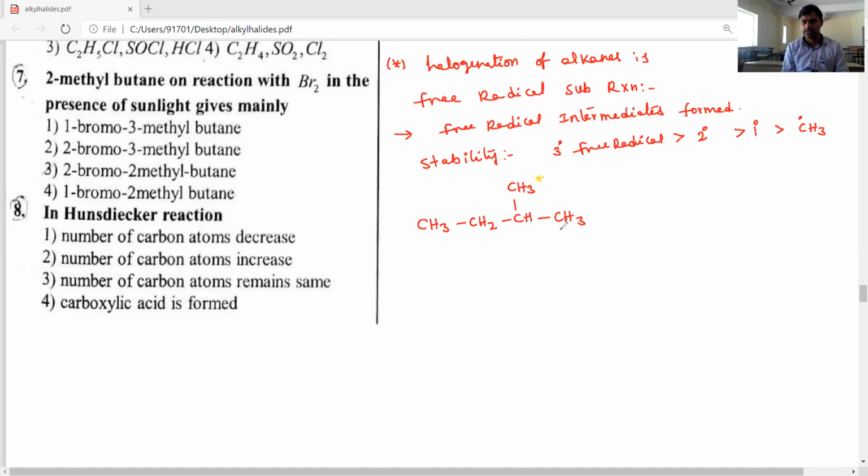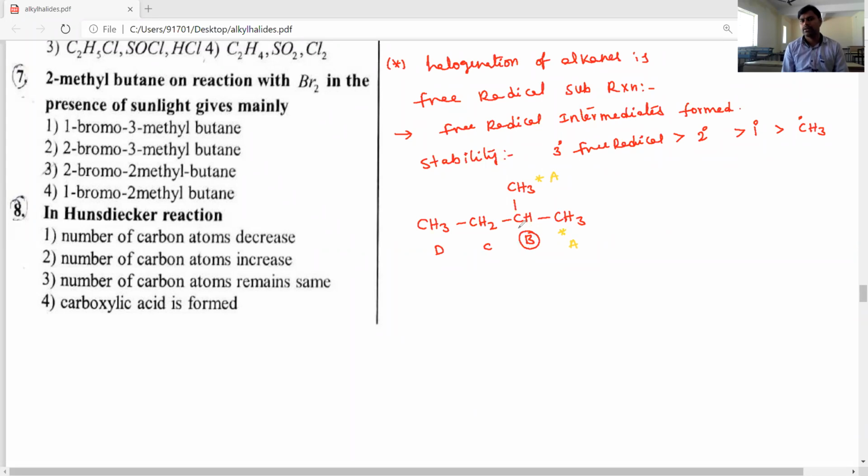These two are the same, so they will give one type of product, A. And the next one, 2-methyl butane, is nothing but, my dear students, already yesterday we discussed it, isopentane. That is B, and then C and D. So how many products? 1, 2, 3, 4 types of mono-brominated products will form.